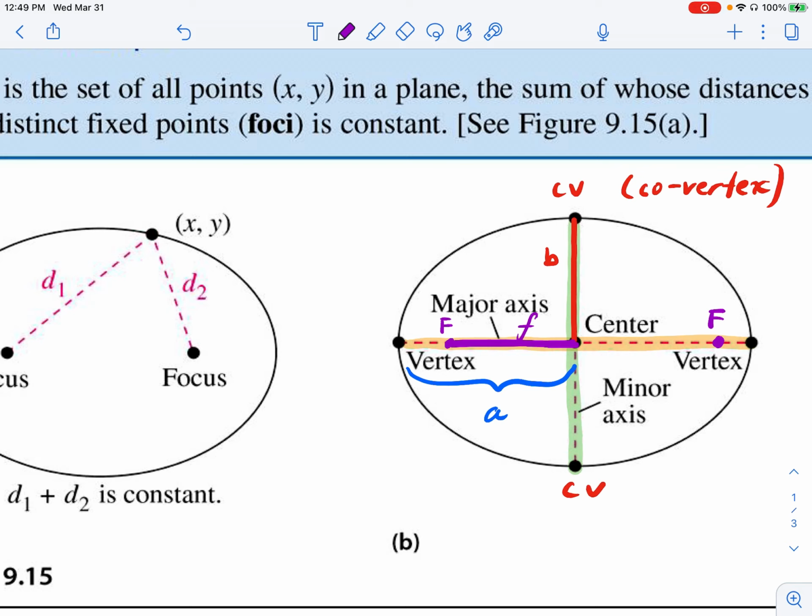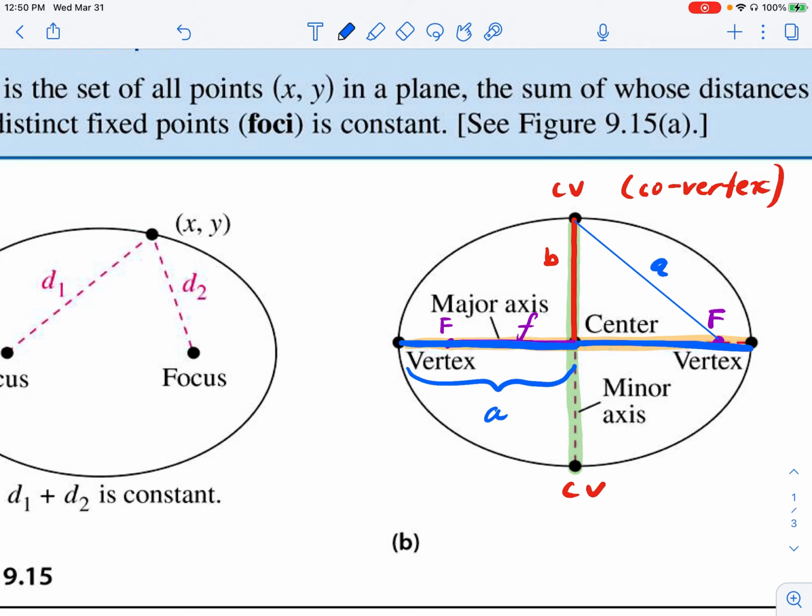Specifically, if I were to take that entire distance of A and place it at one of the two co-vertices, it turns out that exact distance of A is going to touch my major axis at the focus.